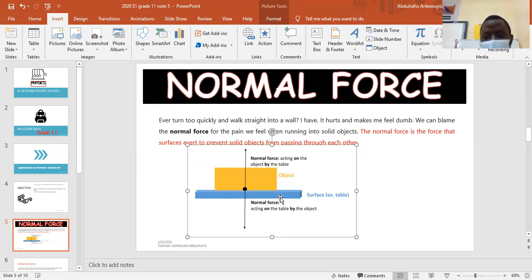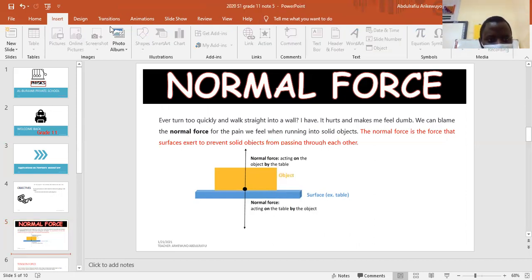There is a normal force that is acting upward from the table to the object. You also know that there is a weight, as a result of gravity, that is acting downward. Those are the two opposing forces that are acting on that object.